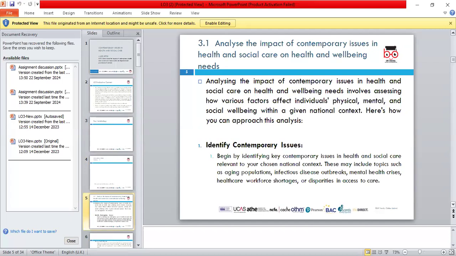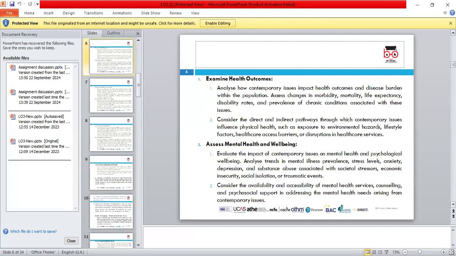We did mention that yesterday, the mental health issues, inequalities, the aging population, working issues, and all that. We also mentioned that we were to examine those health outcomes. You should be able to analyze how the contemporary issues impact the health and social care disease burden within the population, assess the changes in morbidity, mortality rate, life expectancy, disability rates, prevalence of chronic diseases, and all that.